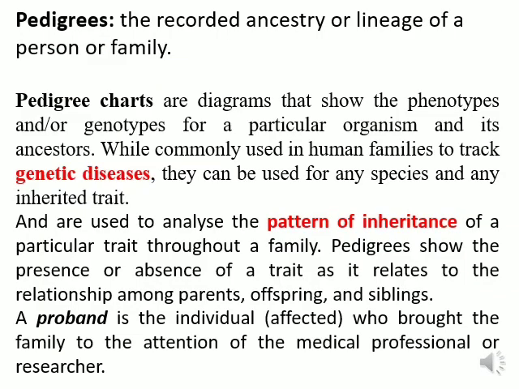So what is a pedigree? Pedigree means a recorded ancestry or the lineage of a person or a family. A pedigree chart is a diagram that shows the genotype or the phenotype of a particular disorder or trait present in a family. Mostly, genetic disorders are studied in the pedigree chart.